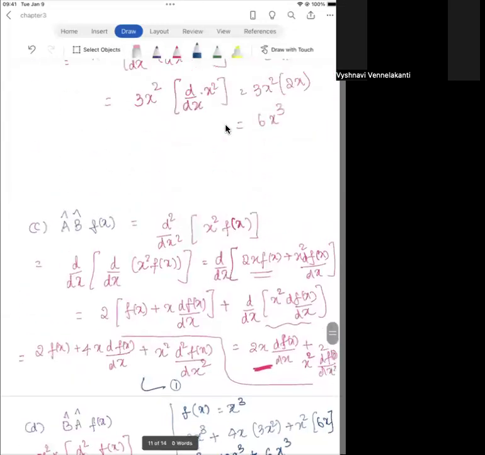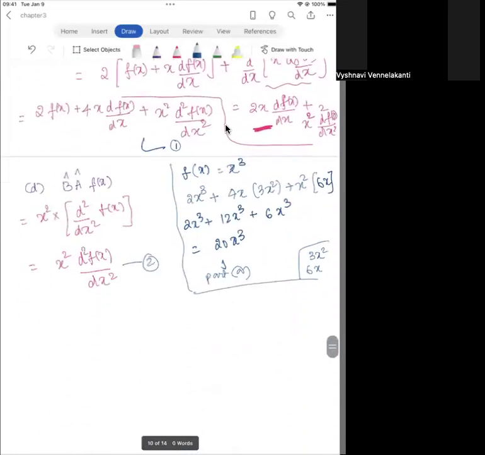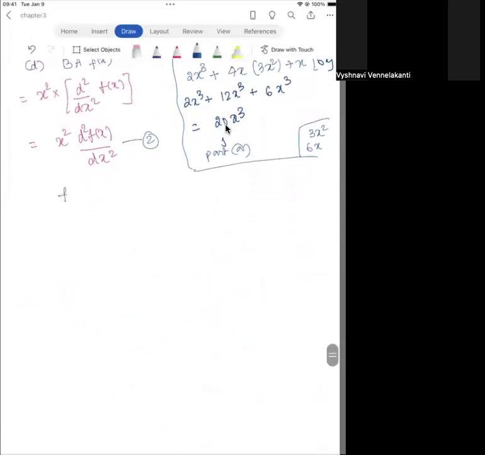They are widely different, right? So here we have the answer in part B, 6x cubed. So if we have f of x equals x cubed, we know the second derivative of x cubed is actually 6x, so it becomes 6x cubed. So this is the answer we got in part B.